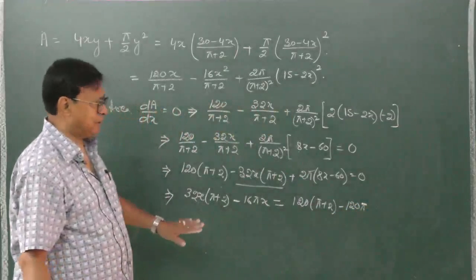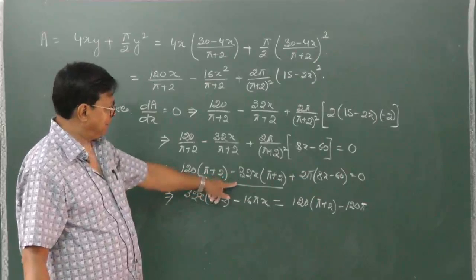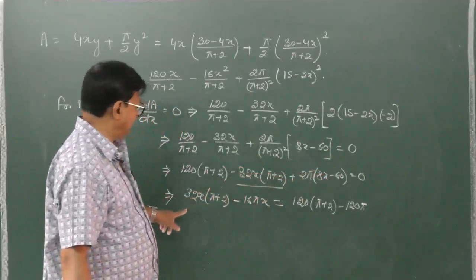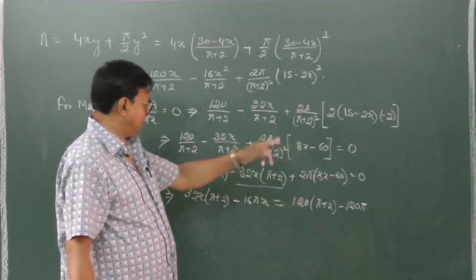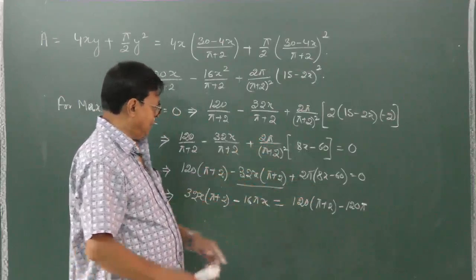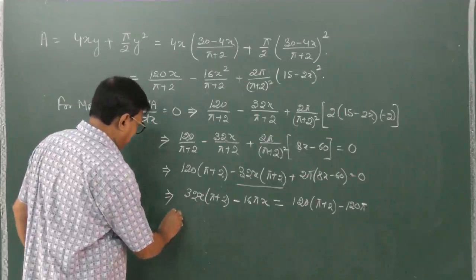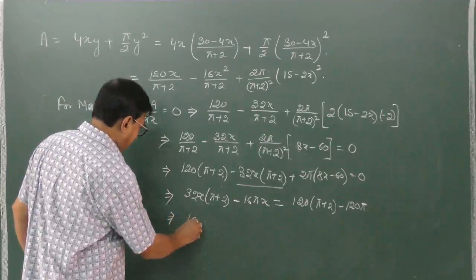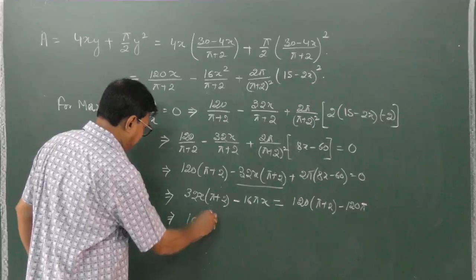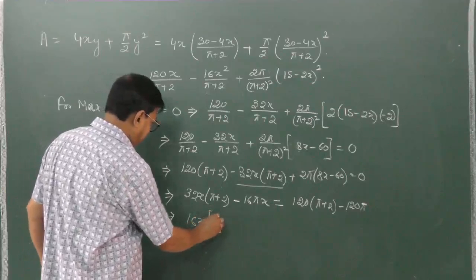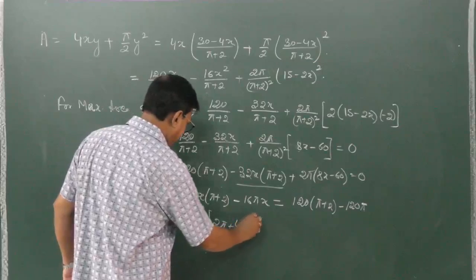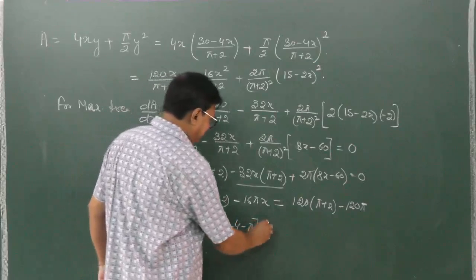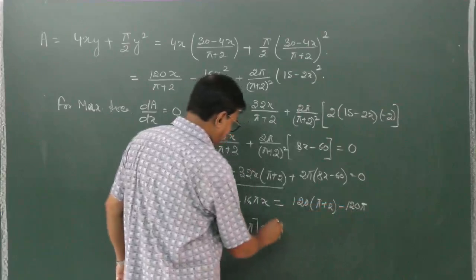Now I explain this part again. I have taken this to the other side, so that minus becomes plus. Then taking this 16 pi x to the other side, so that becomes minus. So this is it. Taking 16x common, is 2 pi plus 4 minus pi is equal to, this 120 pi cancels, okay?